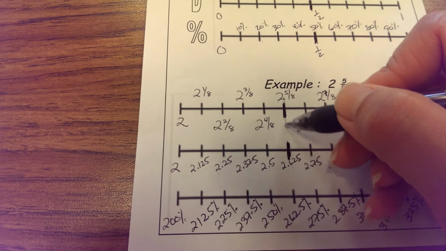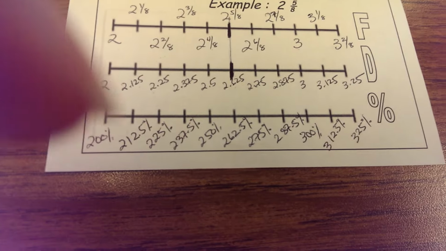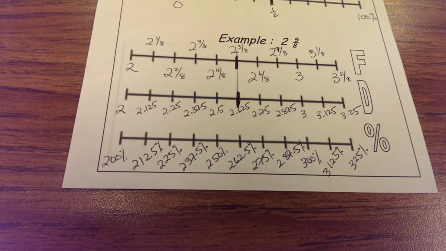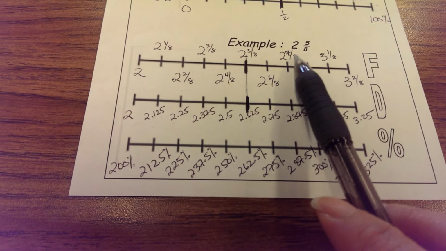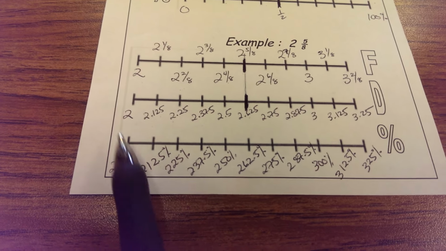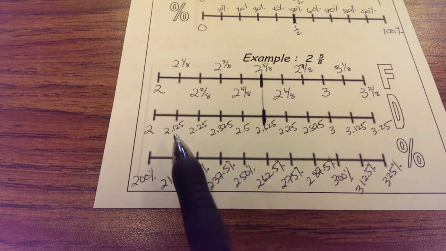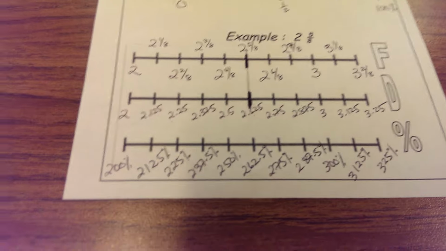I'm going to do a little dotted line so you can see it. And then if I change it to percents, these percents are really high because remember, if you have 1 whole, you have 100%. We have 2 wholes and then 5/8 of a whole. So it's going to be over 100%. The 2 wholes would be 200%. And then I changed each of these into percents. All I did was move the decimal 2 spaces to change the decimal to percents.